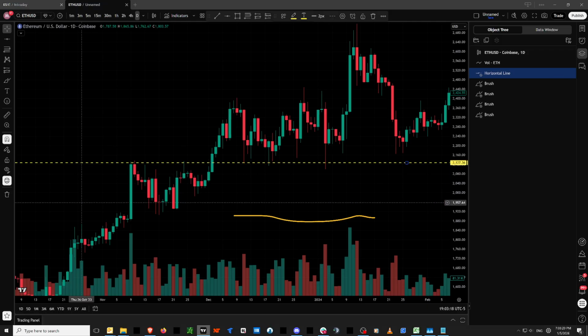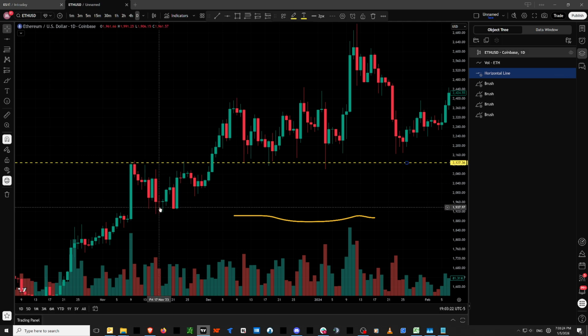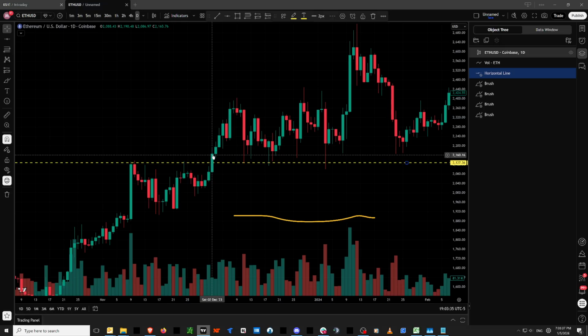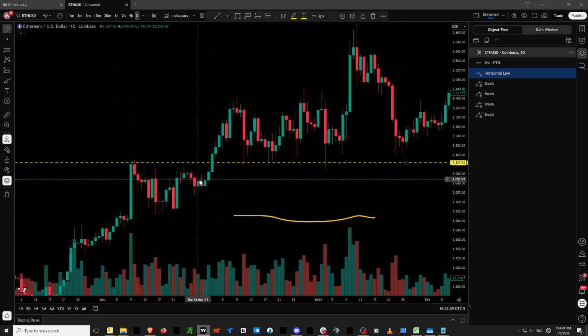As you can see, price came up to it, rejected, came up to it, rejected, broke through it. And many times when you see this breakthrough, it's a good sized candle because they are intent on pushing through that line. So you can see little itty bitty candles.